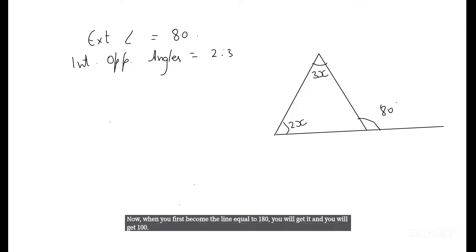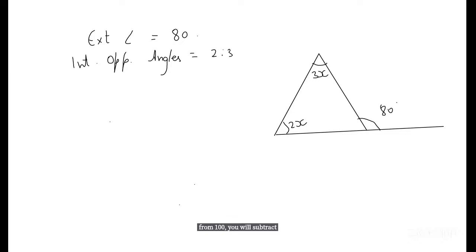Then from 100 you will subtract 360, and then divide it by 5, which will give you the value of x. The main property is that the sum of the interior opposite angles is equal to the exterior angle. No, we cannot write 360, it is 180, ma'am. Yes, 180, that's also what I just said.